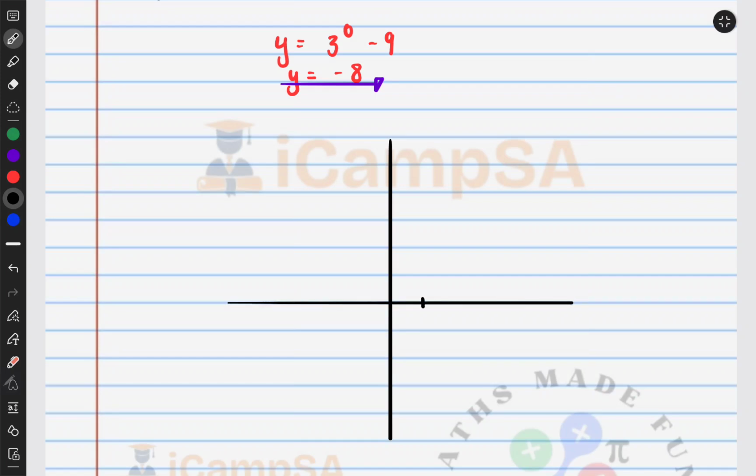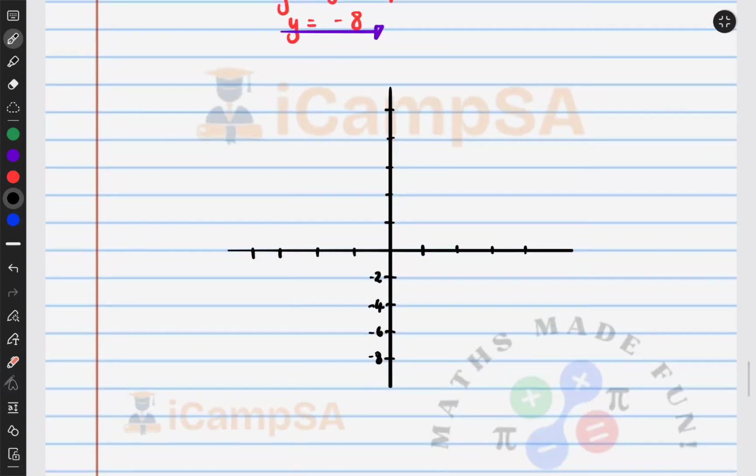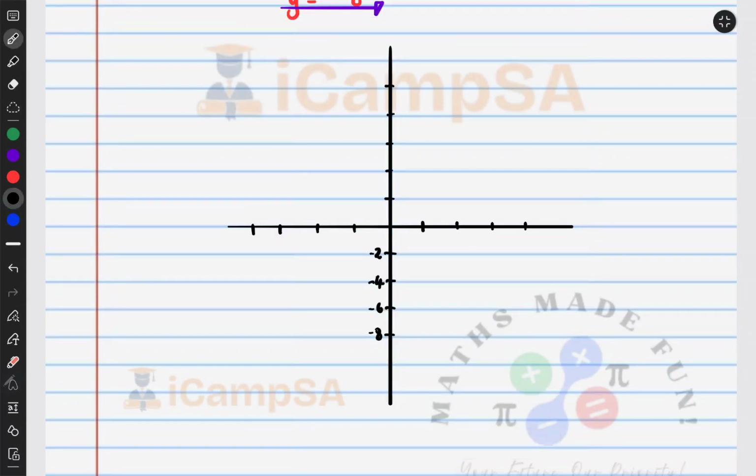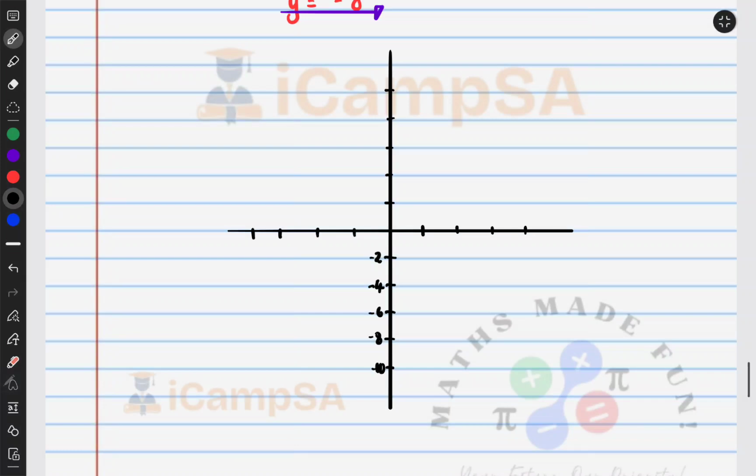So we're going to have negative 2, negative 4, negative 6, negative 8, negative 10 on the y-axis, and on the x-axis we use 1, 2, 3, 4.